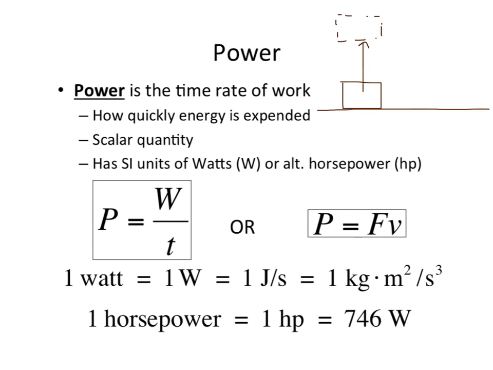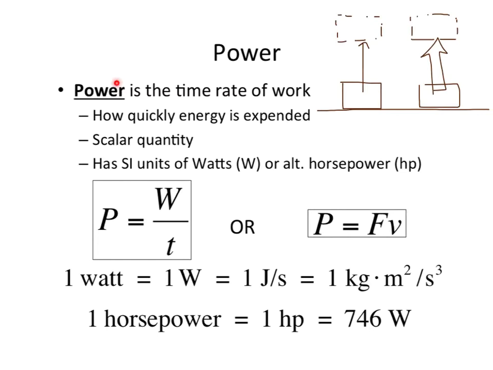But what if you were to lift that box up really rapidly, very, very quickly? You do the same amount of work, but you do it in a much shorter amount of time. And what that means is you have exerted more power. It is the time rate at which work gets done.